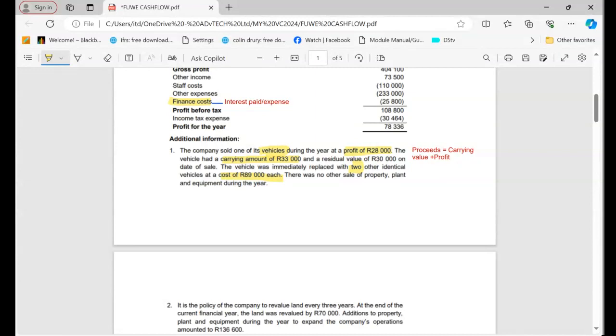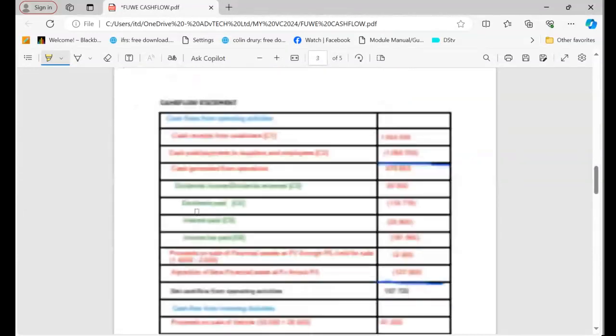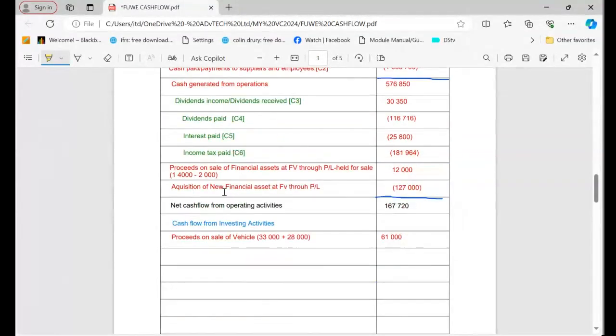So it means we need to go to this one, because I want you to compare. It's similar to this one. Here we acquired a new one. Remember? So even here, it's up to you. You can say acquisition of new vehicle, or replacement of vehicle, or addition to vehicle. Which one do you prefer?